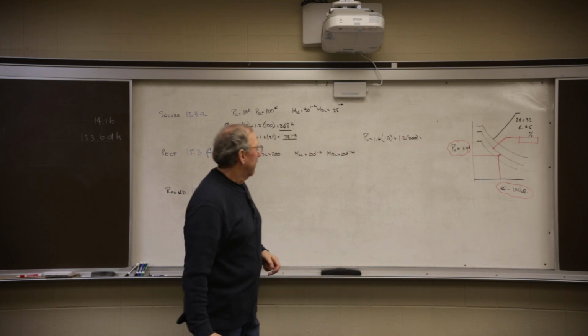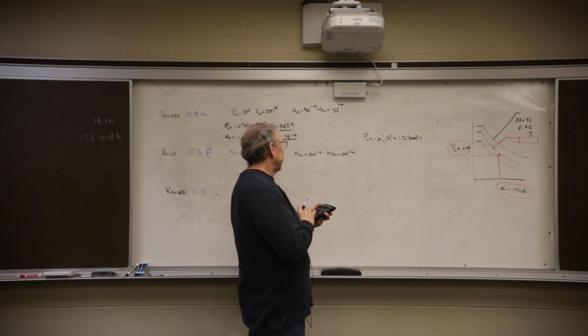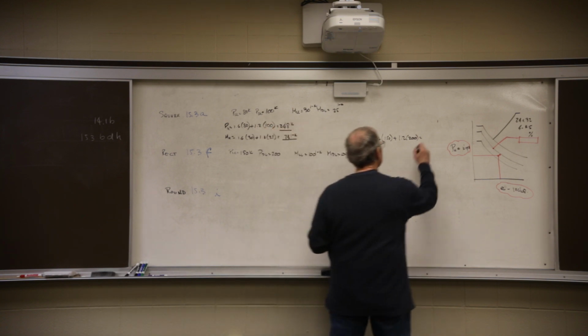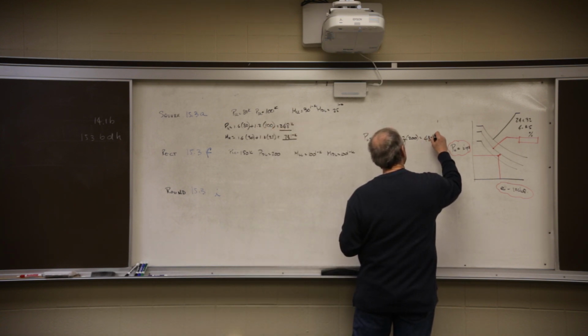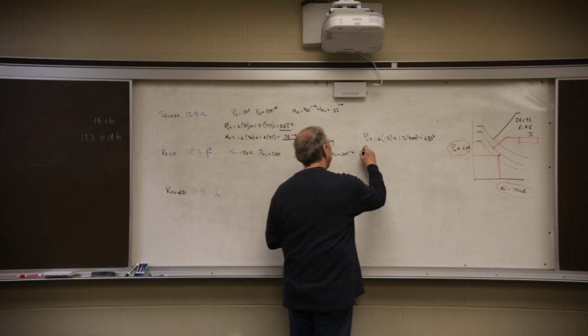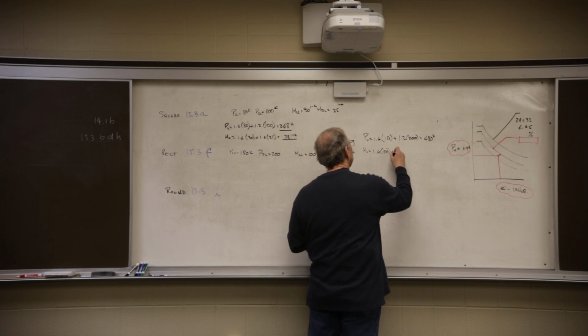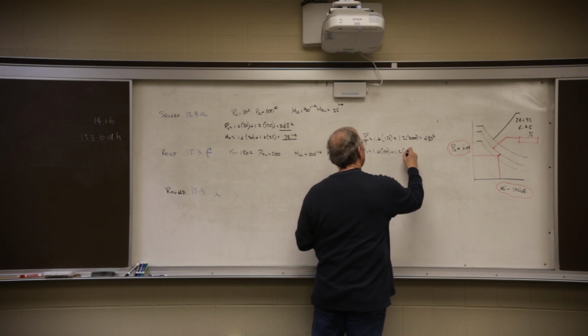Run it through my calculator. 1.6 times 150 plus 1.2 times 200, I get 480. My next one is going to be MU. 1.6 times 100 plus 1.2 times 100.